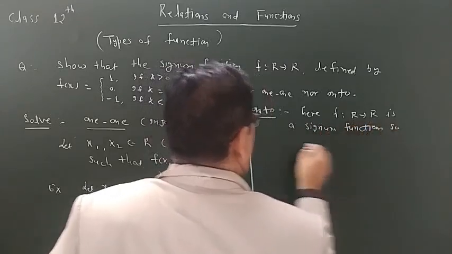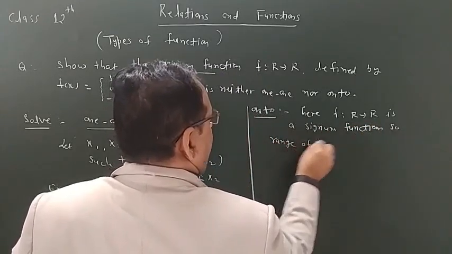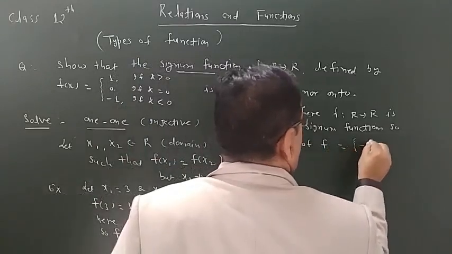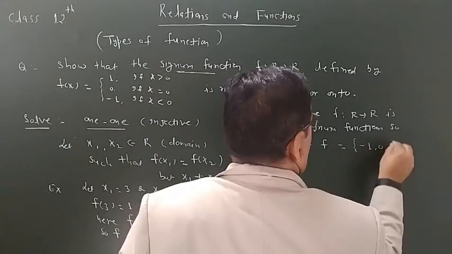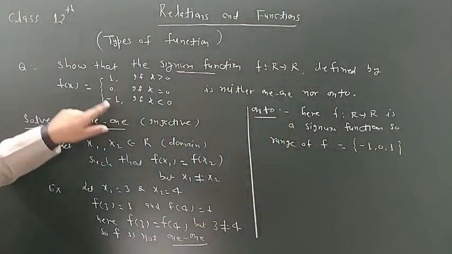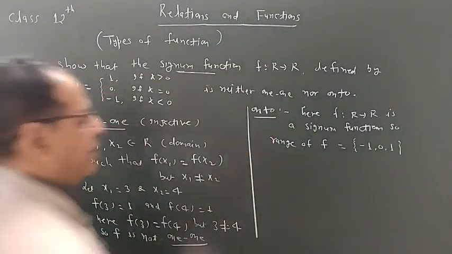So the range of f equals the set {-1, 0, 1} according to the definition of the function. The range elements are -1, 0 and 1.